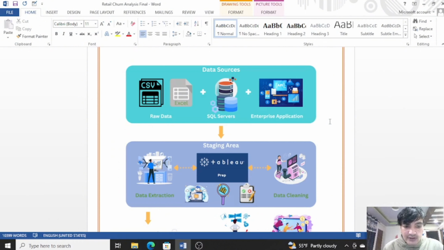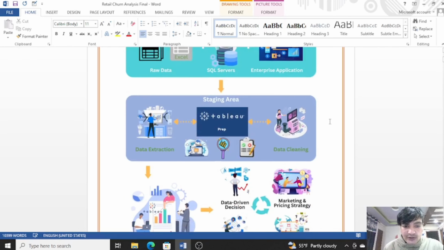All of this is done so that it can be inserted into the analytical application, which is Tableau, and different kinds of analysis can be done so that business stakeholders can make data-driven decisions, so they can improve their marketing and pricing strategy. They can understand how the customer strategy should be applied and how the inventory should be managed.